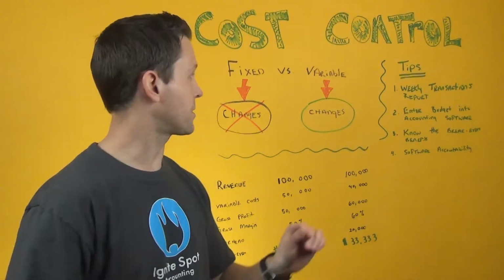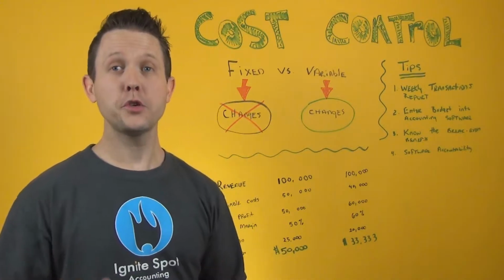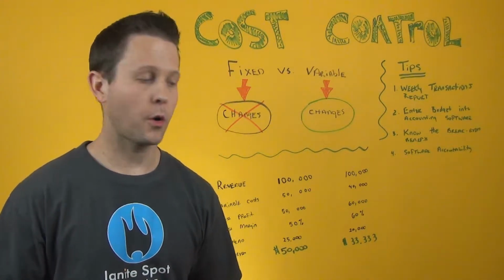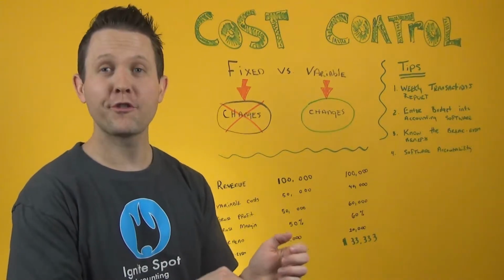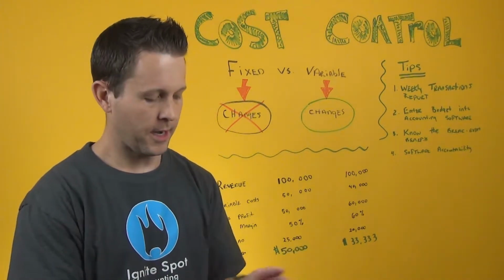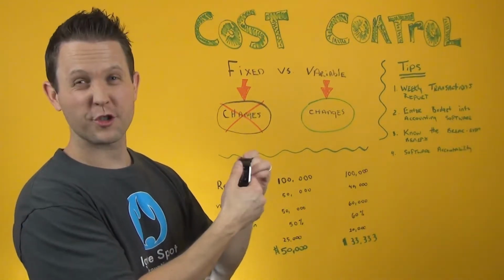Now, variable costs are different. If you look down here, I've got the word changes circled in green. These do change, and they change all the time based off of how much you sell. So let's say that you sell watches. I got a fancy new watch here I just bought. All right, so you sell watches, and this is one of those triathlon watches.